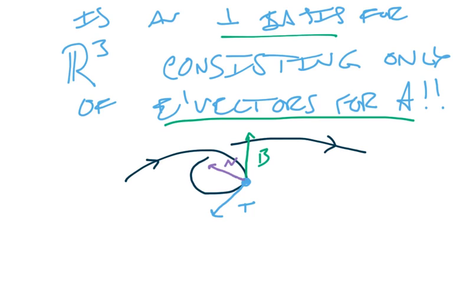So in a sense, this is how the space is framed by this symmetric matrix A, in the same way that N, T, and B frame the space for the fly flying around the room, or the airplane flying around space, or you on a roller coaster, or whatever. Your frame of reference changes from moment to moment. Well, the same idea here is that this matrix A has an orthogonal basis of eigenvectors, which frame how it exists in R3.